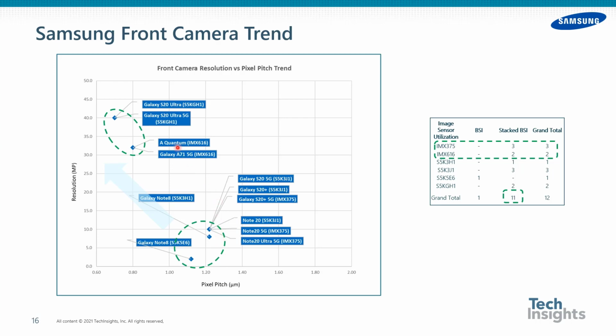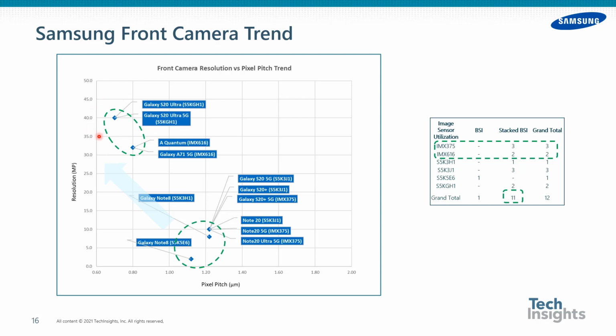So basically, the smaller pixel pitch, higher resolution over here, and the lower resolution, slightly larger pixel pitch shown below.